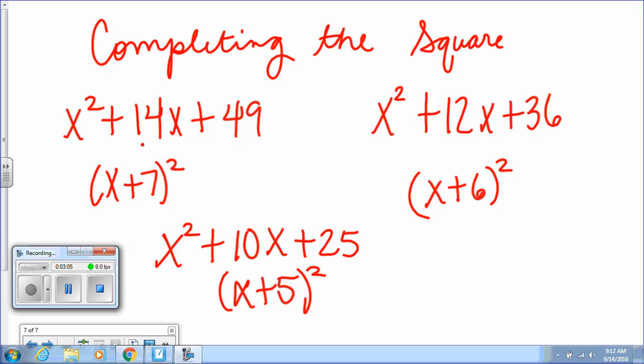We're starting to get to the (x − h)² part. So this is a way to get from standard form into vertex form, and it all revolves around half B squared. We half B, we square it, and that has to be our C. It's also important that A is 1.